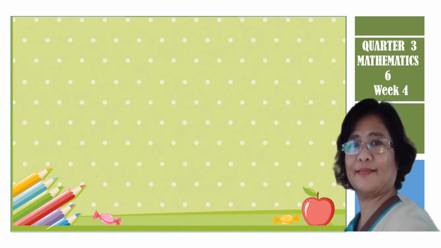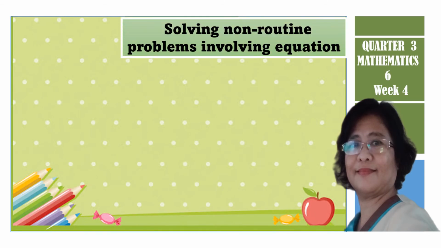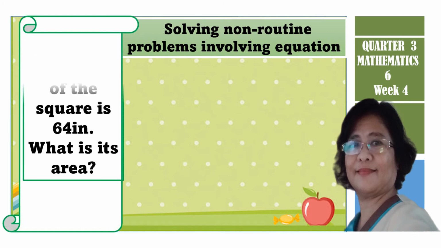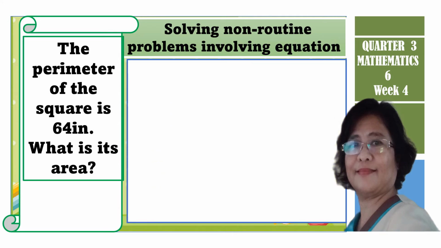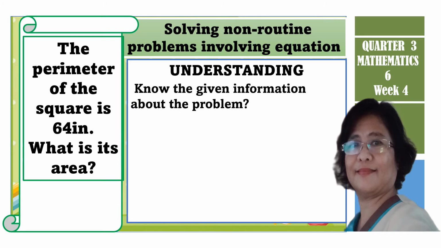Now, let us solve the non-routine word problem involving equation. The problem is the perimeter of the square is 64 inches. What is its area? First thing to do to solve the problem is to understand it. We know the given information, which is the perimeter of the square, is 64.